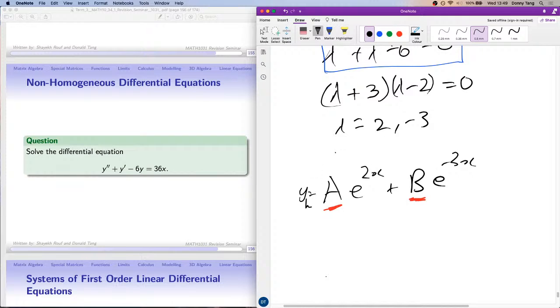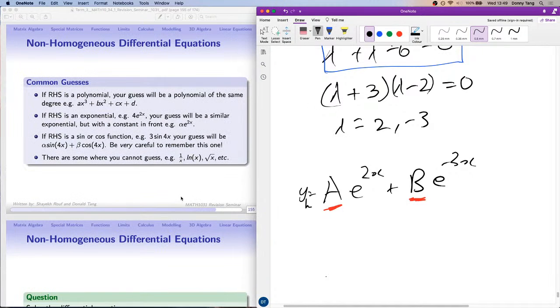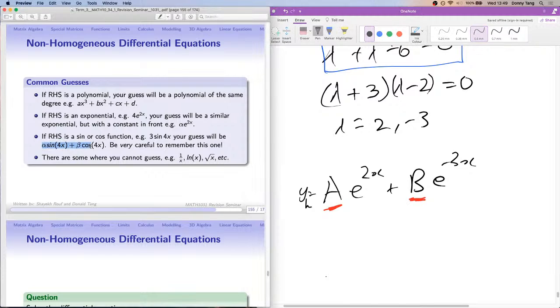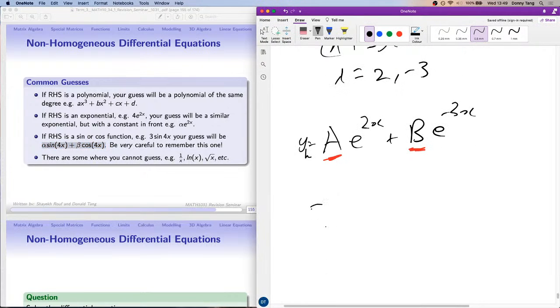All right, let's see. Question: what if the right hand side equals sine 3x plus cosine 3x? I came across a question like that and I don't know what to guess. Okay, so I'm pretty sure if the right hand side is that, then you guess the same thing. Just guess this, because this thing here takes into account sine, cosine, and sine plus cosine.